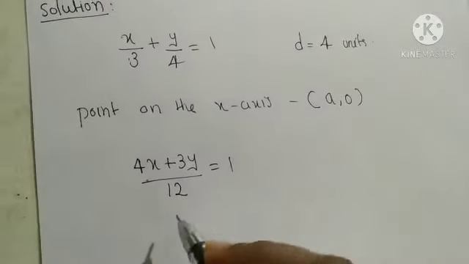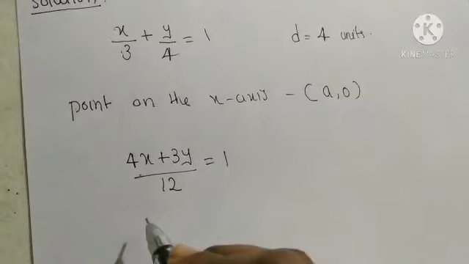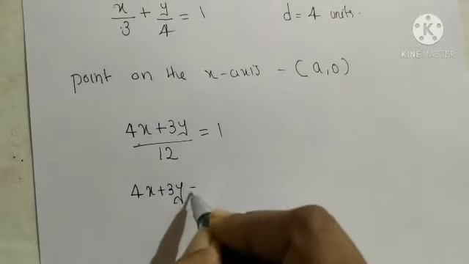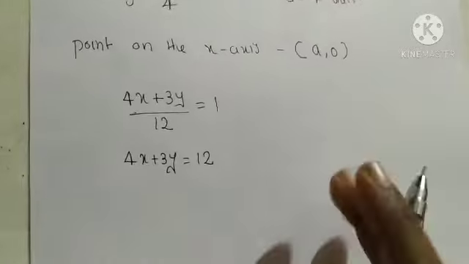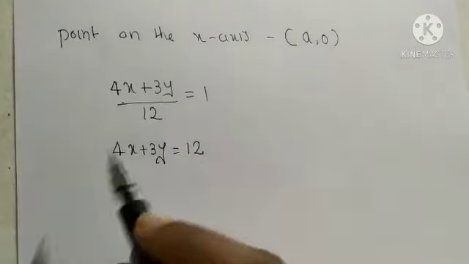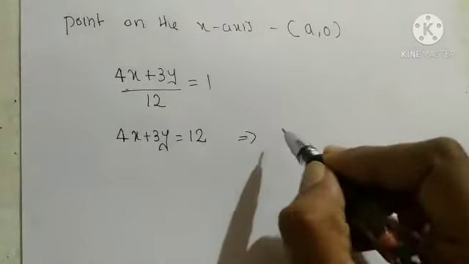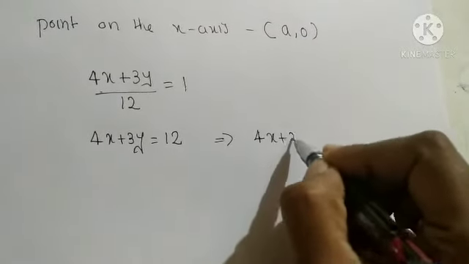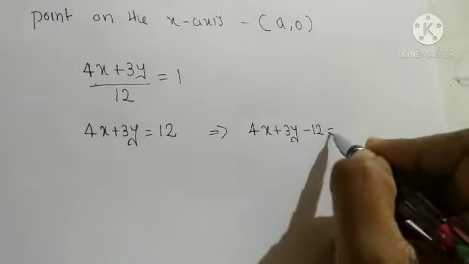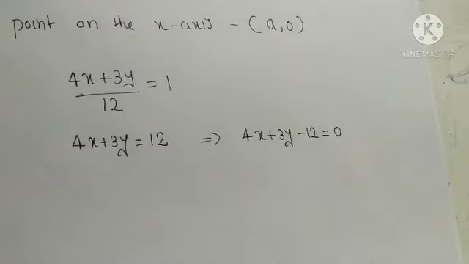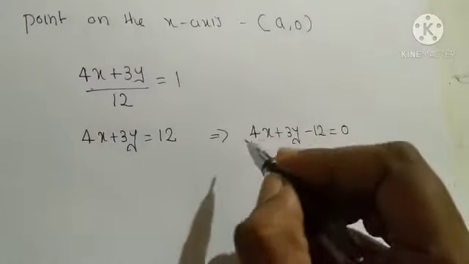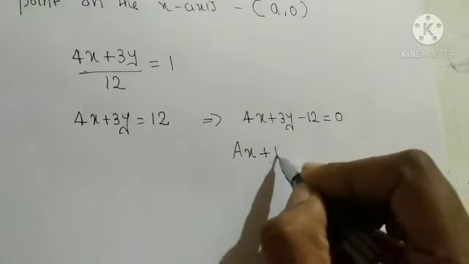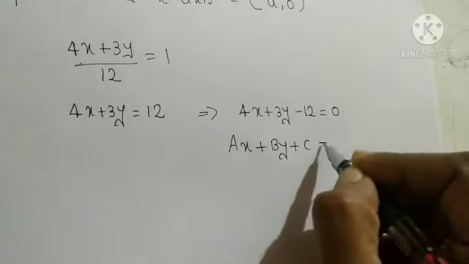Taking this 12 to RHS, we get 4x plus 3y equal to 12. Okay, and taking this 12 to LHS, this will be equal to 4x plus 3y minus 12 equal to 0. Okay, so this is in the form of general equation of a line ax plus by plus c equal to 0.